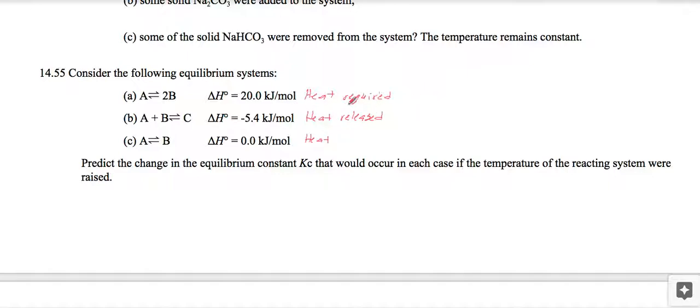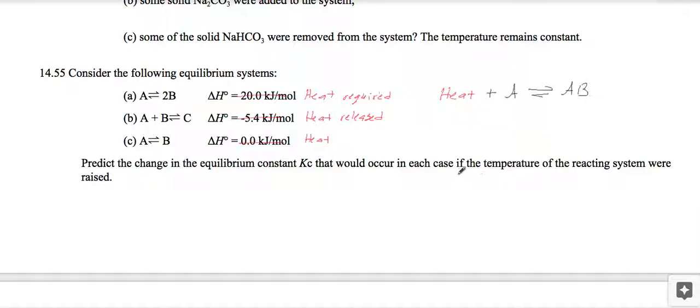Now, if we think about it just in terms of heat, we don't have to worry about the numbers. All we do is say that since heat is required, it becomes a reactant. Heat plus A yields AB. Now we can look at it in terms of a reactant or a product.